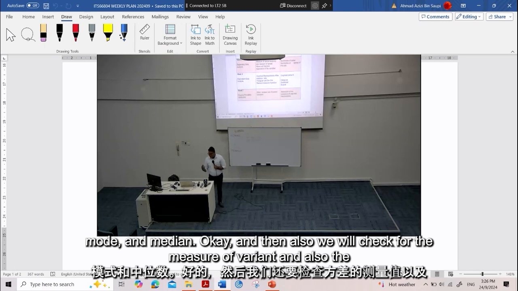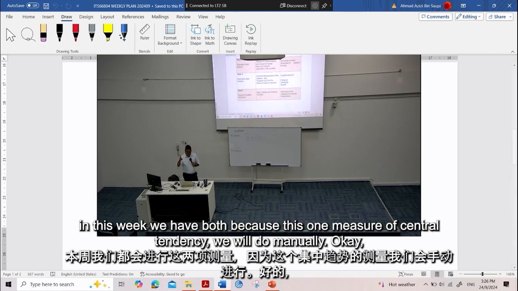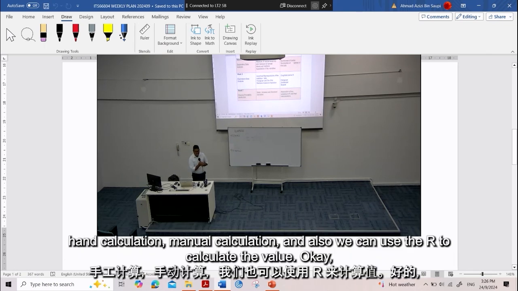Okay, and then also we will check the measure of variance and also the standard deviation of the data. How far the data is from the mean. Okay, so we have both. Okay, in this week we have both, because this measure of central tendency we will do manually. Okay, hand calculation, manual calculation, and also we can use R to calculate the value.